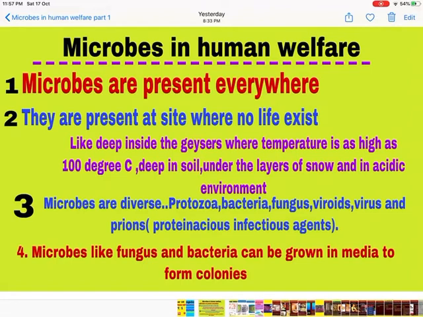They cause diseases. Microbes like fungus and bacteria can be grown in media to form colonies, and that can be seen with the naked eyes. Such cultures are very useful in studies on microorganisms.